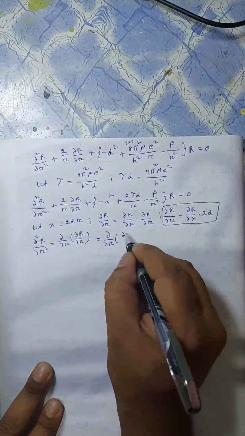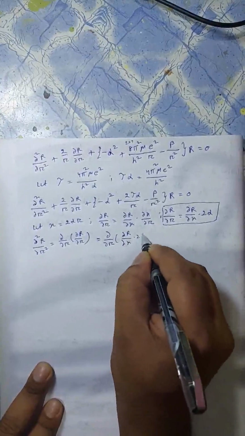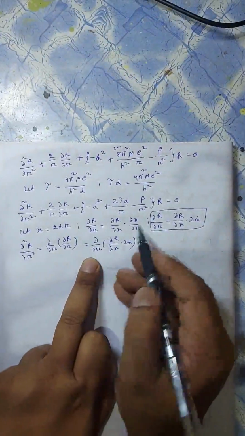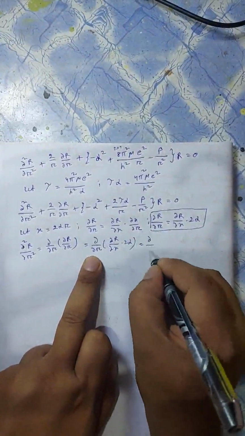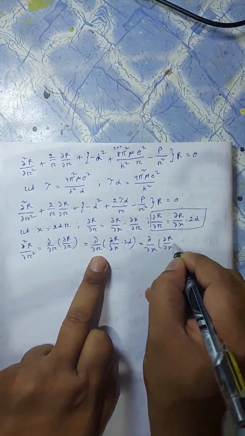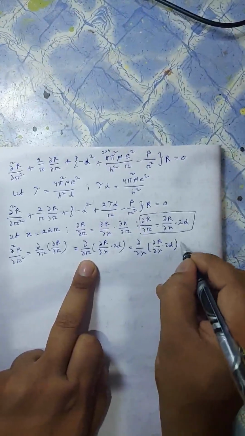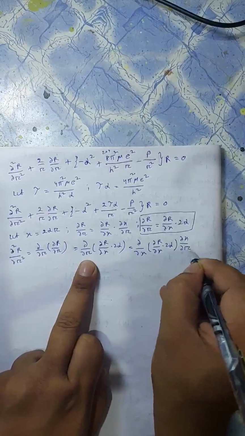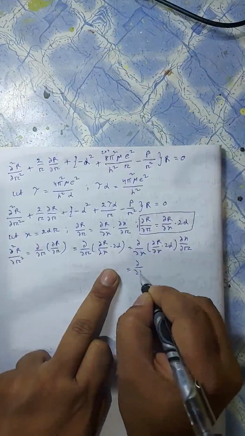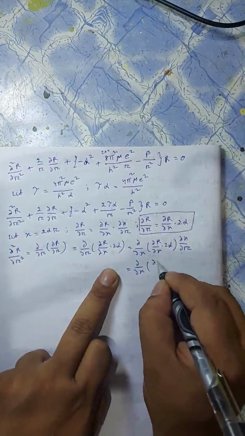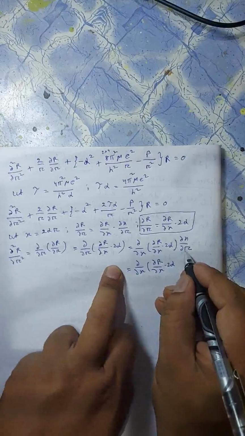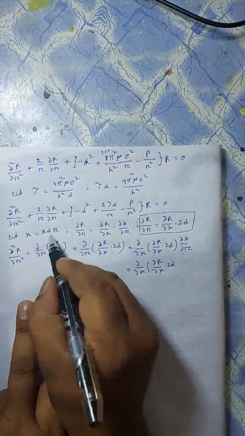This one is ∂R/∂x into 2α. We have to convert ∂/∂r as well, which is equal to ∂/∂x into ∂x/∂r, and ∂x/∂r is equal to 2α.